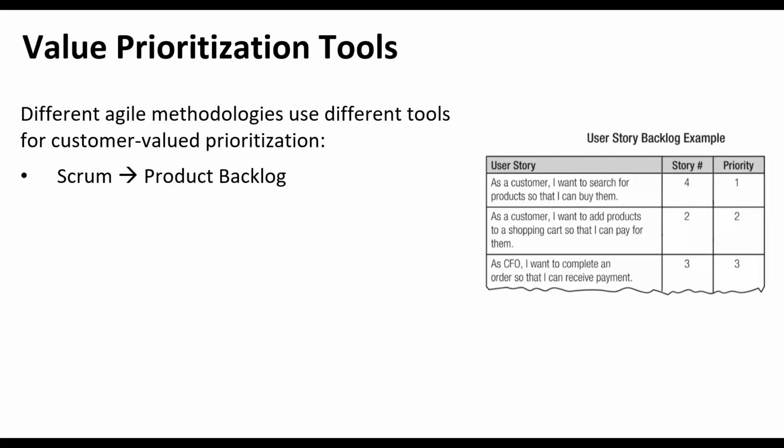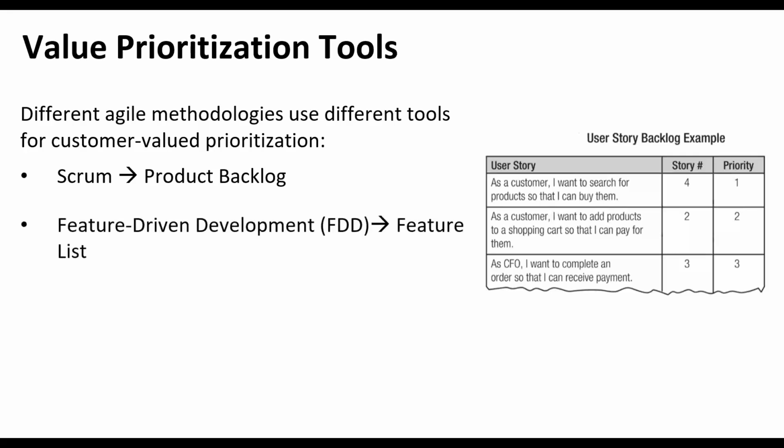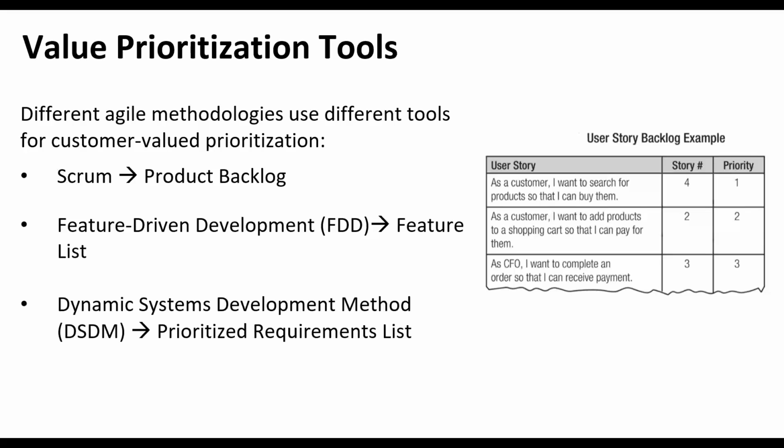So different agile methodologies like Scrum use different tools for customer valued prioritization. Scrum has a product backlog that we've been referring to, and we have something called feature driven development, another agile methodology, and that has a feature list instead of a backlog.